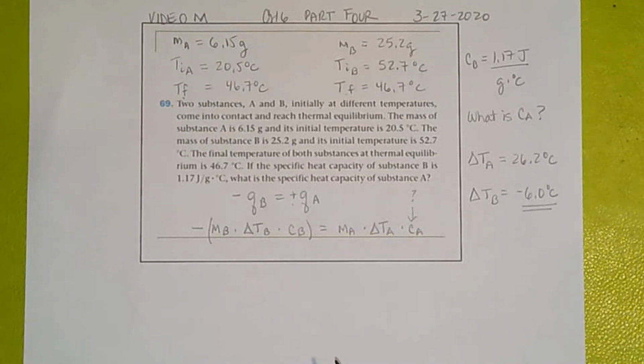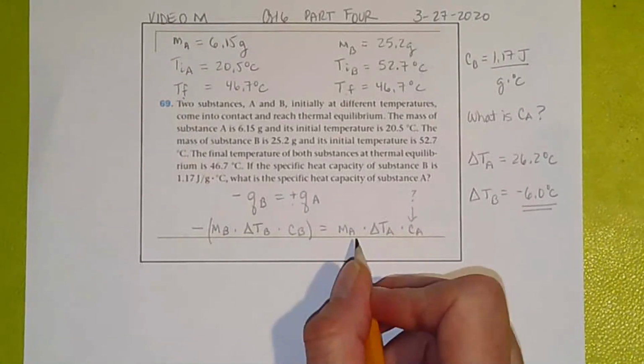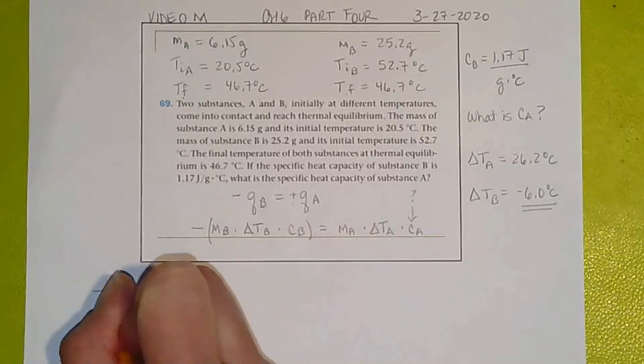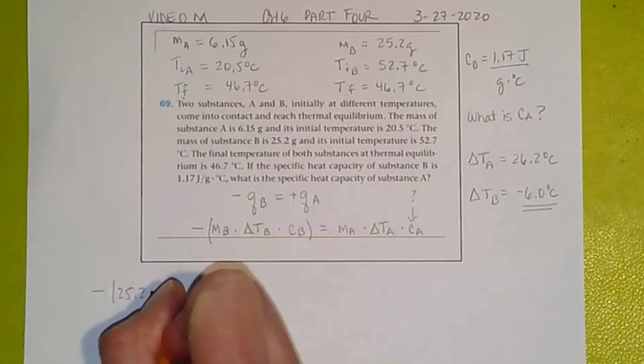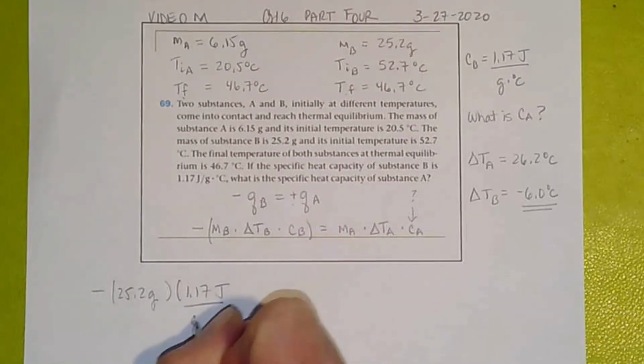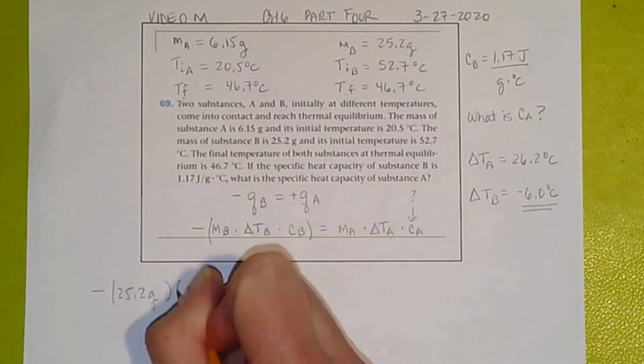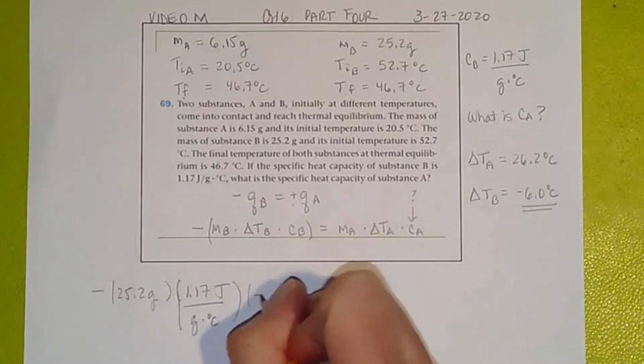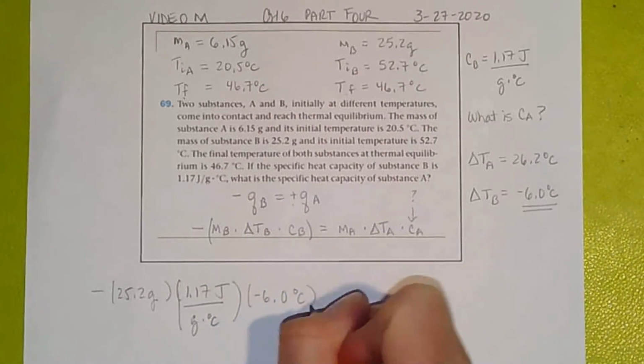Okay, so let's go ahead and plug in. We have negative 25.2 grams times 1.17 joules per gram per degree times negative 6 degrees.